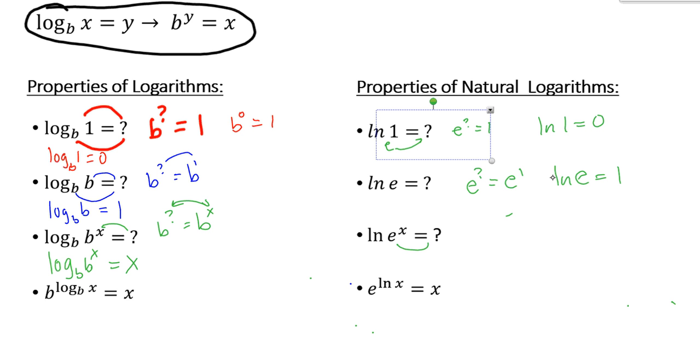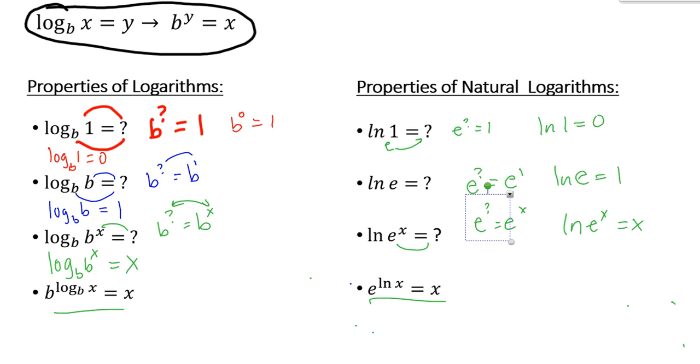E to the what equals e to the x? So the ln of e to the x equals x. Again, it's like they cancel each other out. And then likewise for the other one.